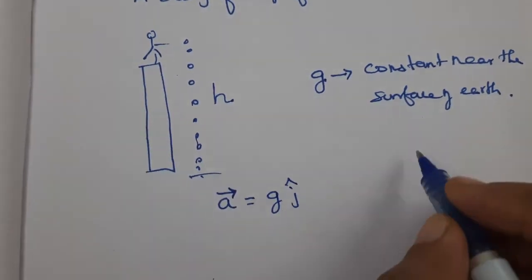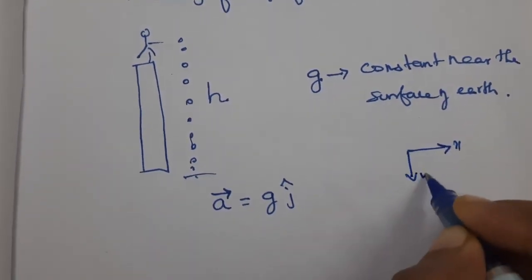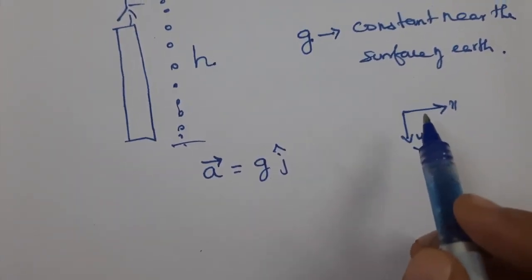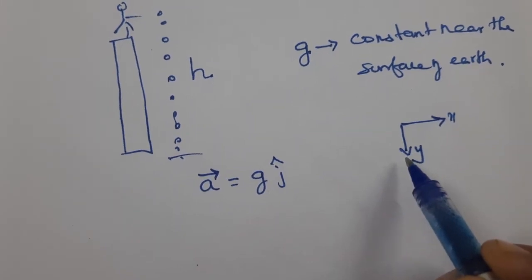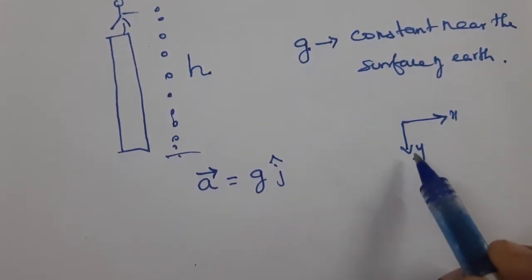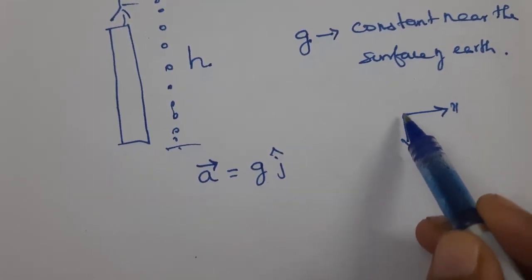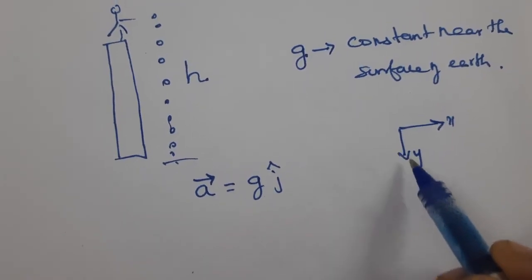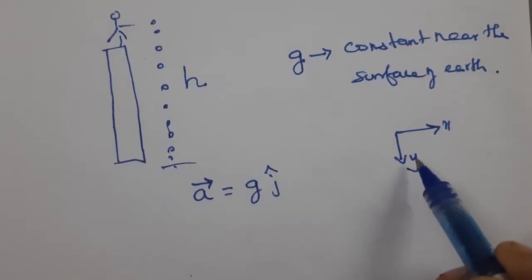We are taking the coordinate system like this. This is an x-axis, this is a y-axis. Here the downward direction is the positive y-axis. Why is it positive? As the acceleration due to gravity is acting downward, we can consider this as the positive y-axis.